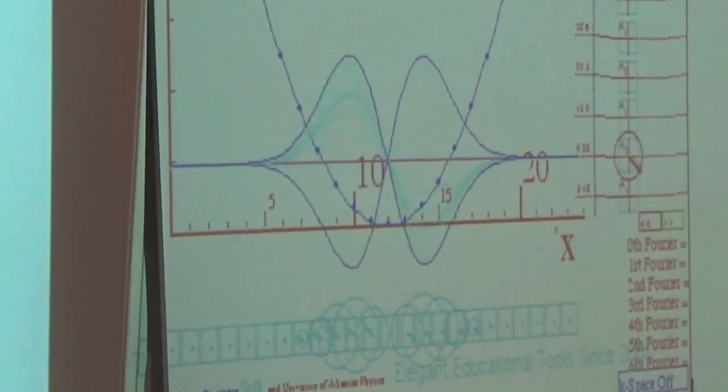Okay? That is nice. That's just basically x times the wave function on the right. Okay? And it's going around at the frequency that is assigned to it.